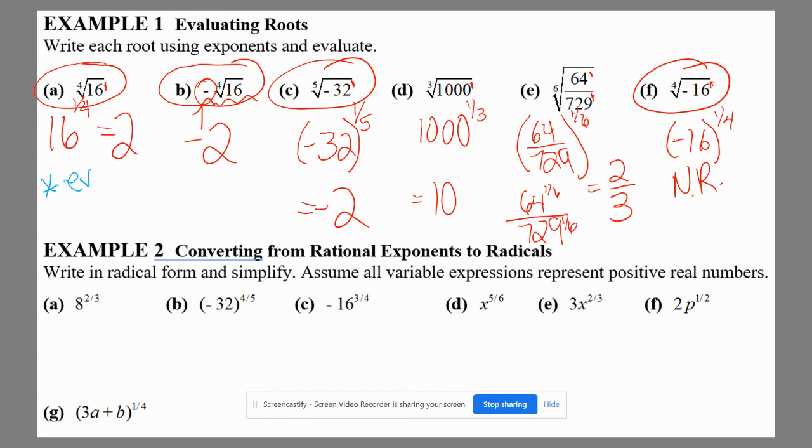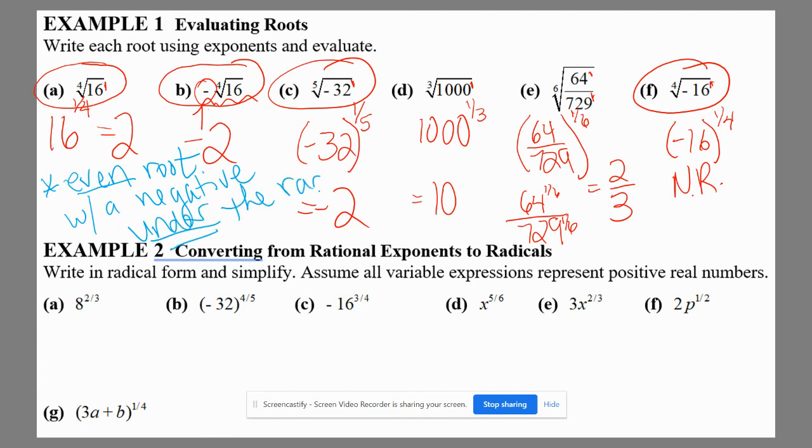For right now, we just want to make a note that any even root, so second root, fourth root, sixth root, eighth root, 10th root, with a negative under the radical is not real.